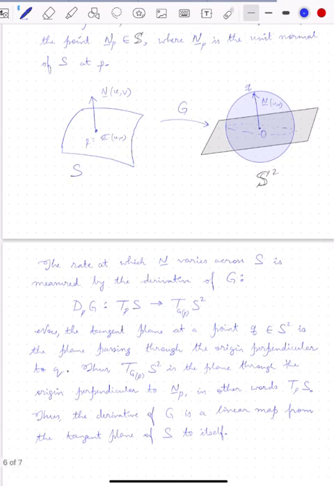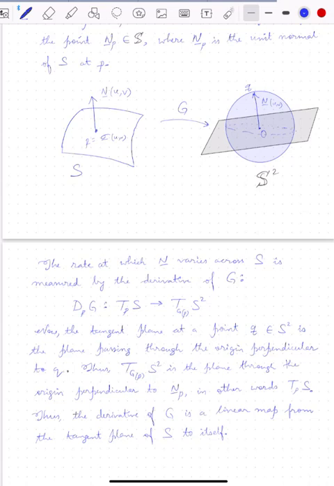And what we see is that, given any point Q vector in S2, the tangent plane at Q in S2 is the plane which will pass through the origin, perpendicular to Q. So in this case, this is Q, right?